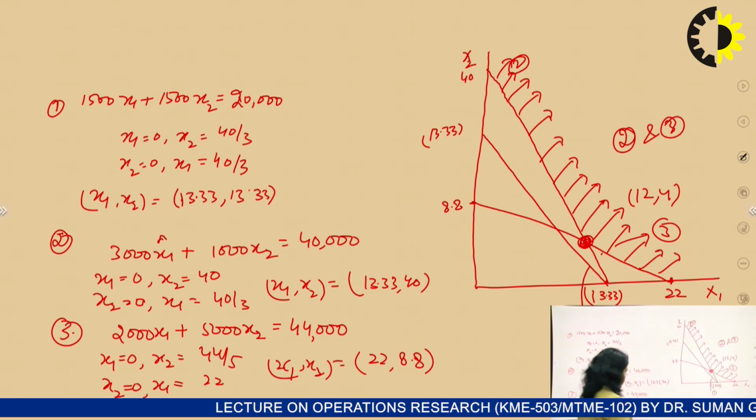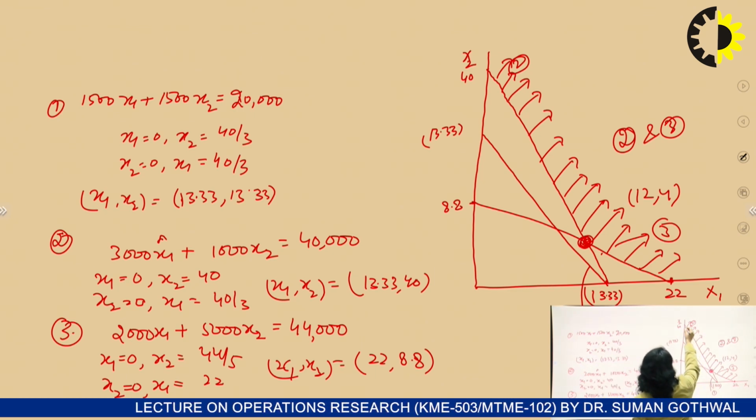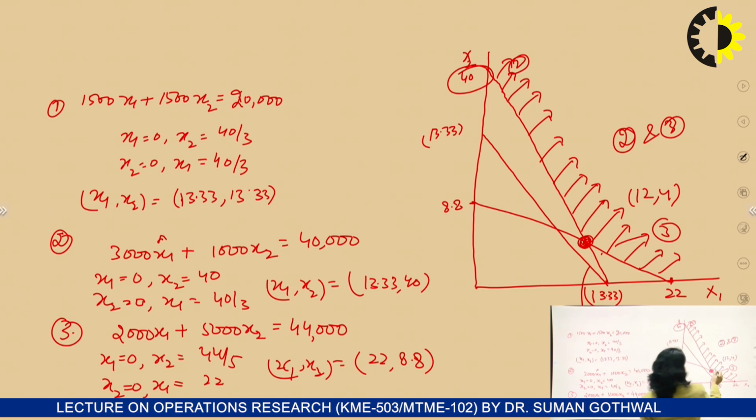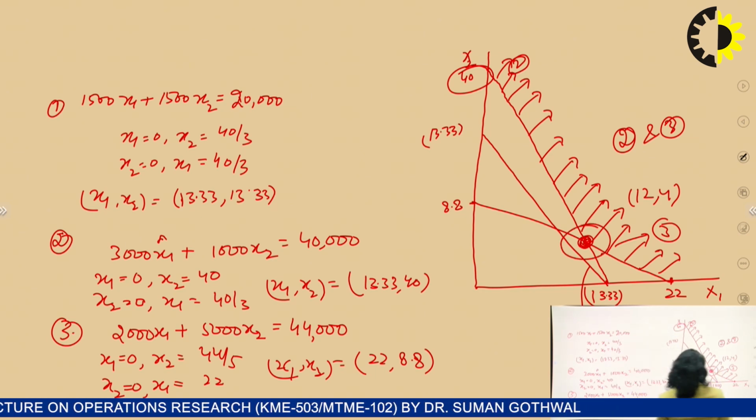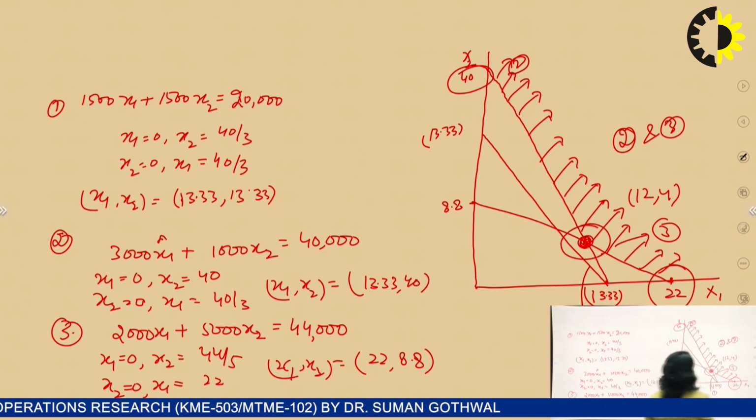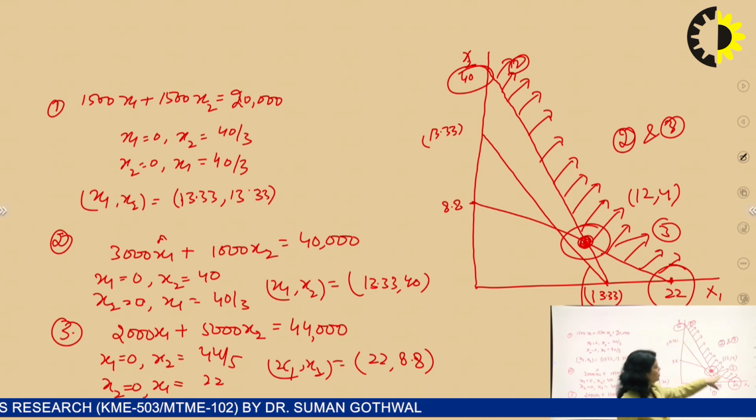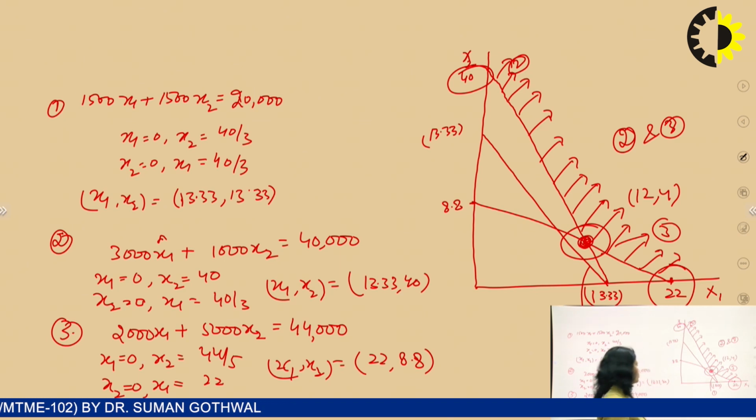Now what we will do, we got these points 0, 40, this one, and 22, 0. These are the three points which are common. Now we will find out the value of Z at all these points.